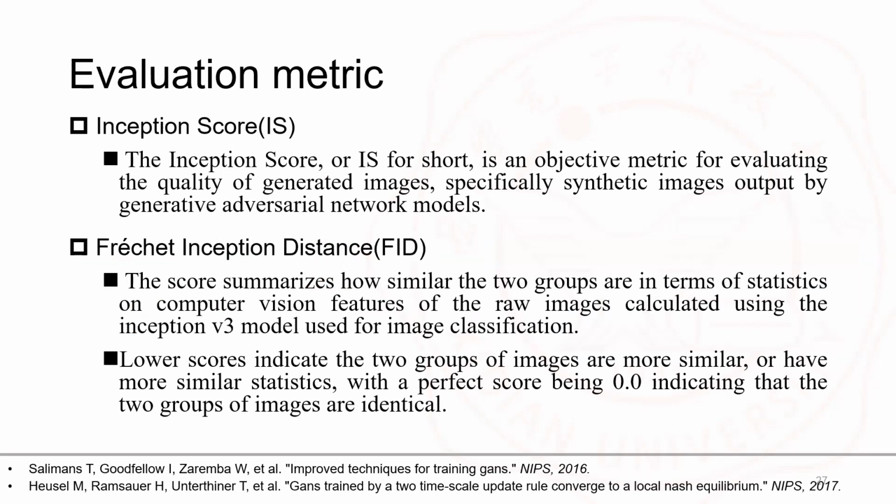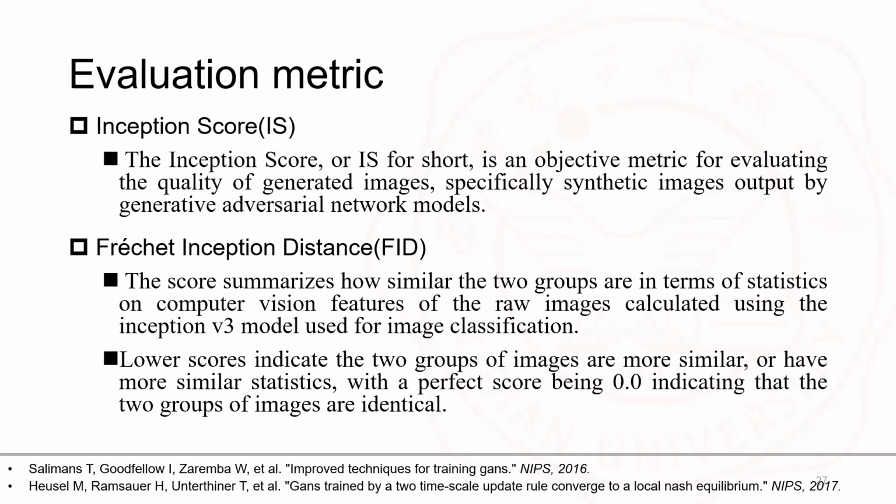About the evaluation metrics, we use Inception Score and Fréchet Inception Distance as the quantitative evaluation methods. Inception Score measures both quality and diversity of generated images. It computes the KL divergence between the generated data class distribution and the real data distribution, using the pre-trained Inception V3 network.